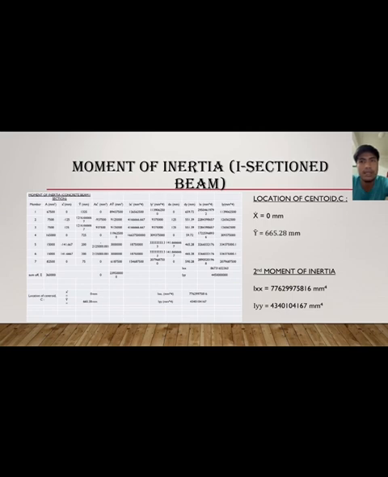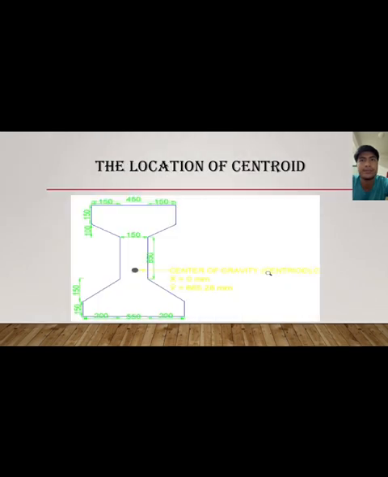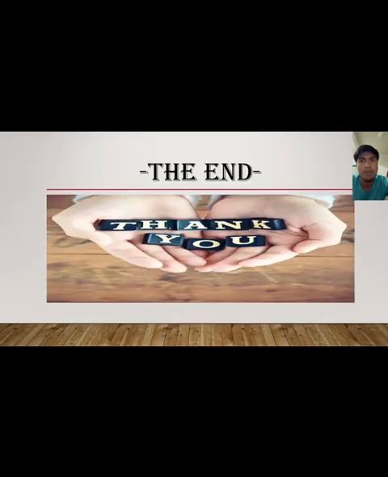Okay, we can see the value of the second moment of inertia at the x-axis and y-axis. Okay, this is the location of the centroid. Okay, thank you very much.